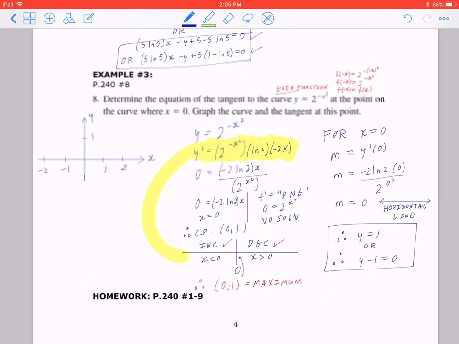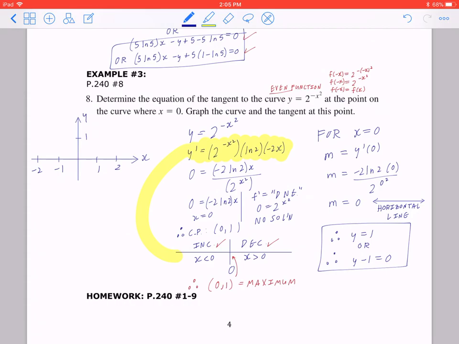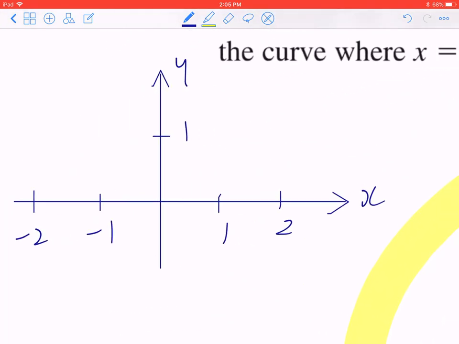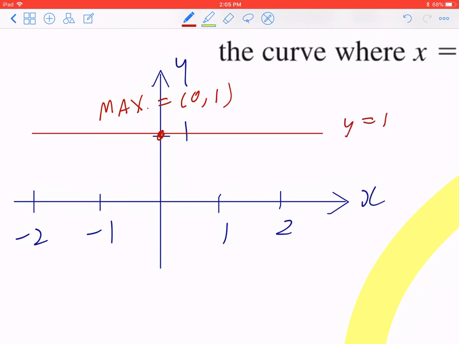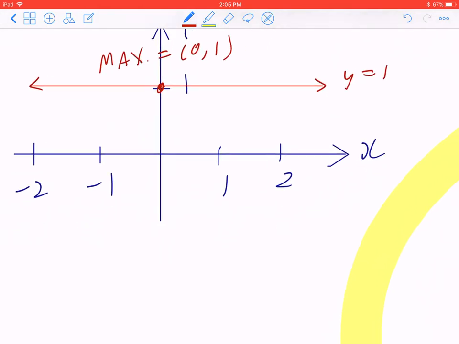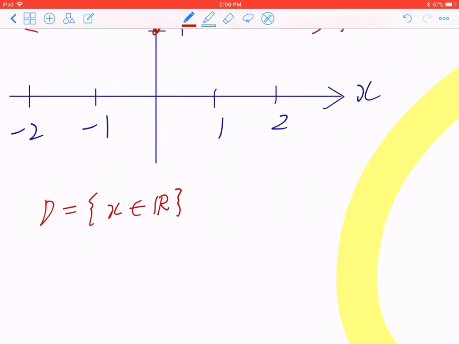Now, if you put all of this together back to the graph, what you'll discover is this. There's the maximum, and it's located at (0, 1). If you draw the horizontal line, this is going to be at y equal to 1, and again, you can draw some arrows like that. Now again, the graph is going to be an even function. You can look at the domain, vertical asymptotes, but again, if I just write this down in terms of the basic details using the algorithm, domain is going to be x as an element of real numbers.